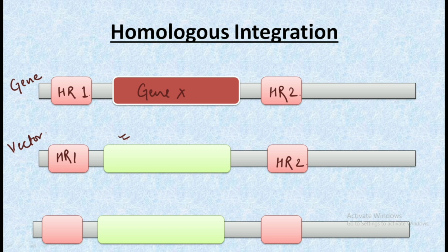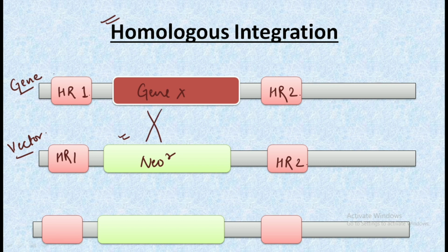As we have studied, our neomycin cassette or our expression vector contains the neomycin resistance gene over here, and we are doing the homologous integration. Because there is homologous integration between the gene and the vector, there would occur recombination between these two points.